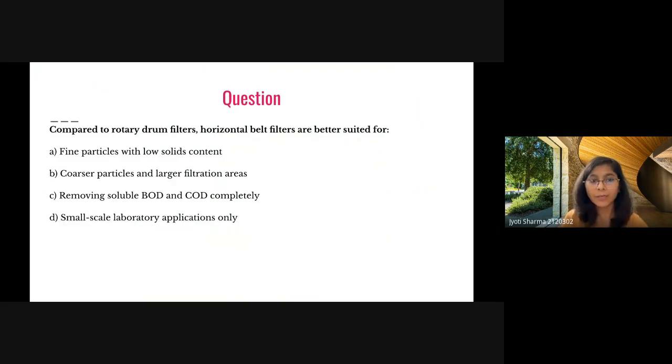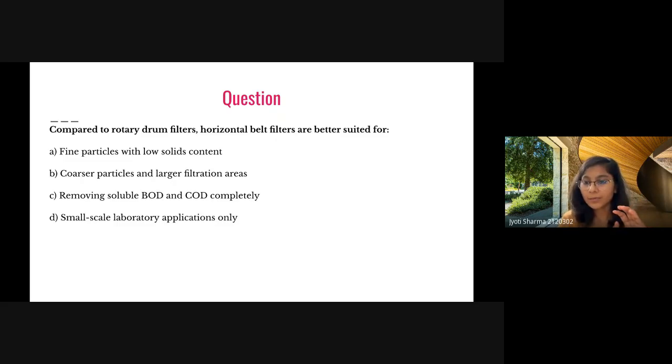And you have to tell me, compared to RDVF, horizontal belt filters are better suited for fine particles with low solid content, coarser particles with larger filtration area, removing soluble BOD and COD completely, or small scale laboratory application only. So we use RDVF. Then what is the use of the horizontal belt filter? This is one of the methods of dewatering only.